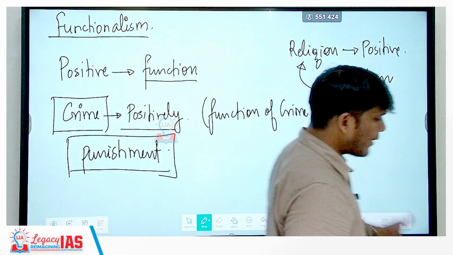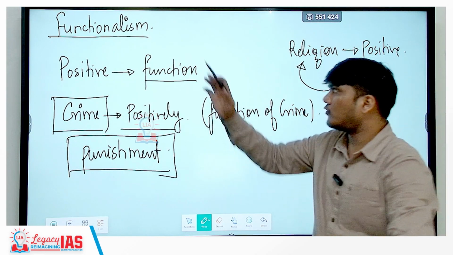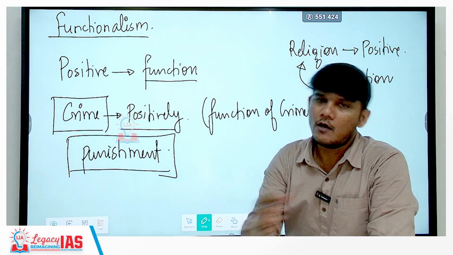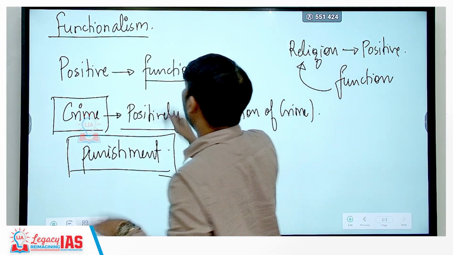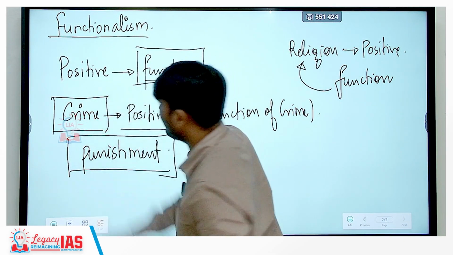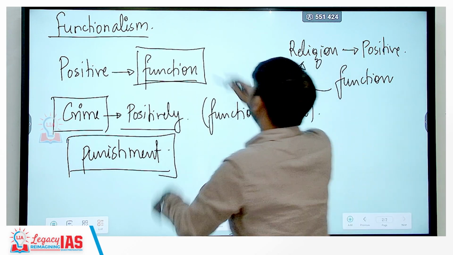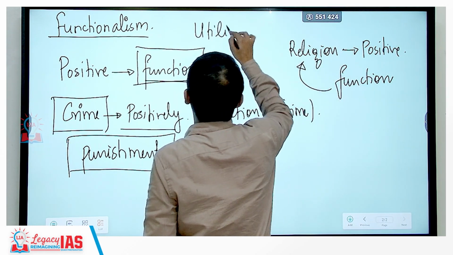So no matter what the topic is, functionalists are going to talk positively about it. Positive is not the right word here. The right word is function. They would talk about its function, that means its utility.